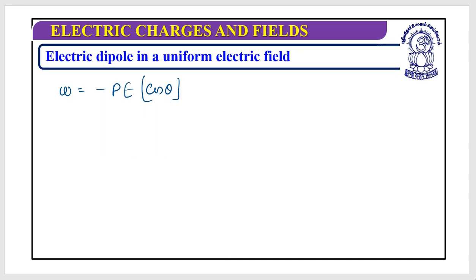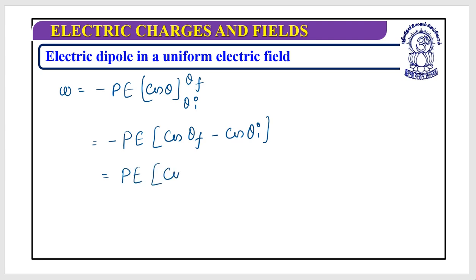If my limits were from theta initial to theta final, what would it be? This equals minus PE into bracket cos theta final minus cos theta initial. I can rearrange this as cos theta initial minus cos theta final. This is the work done.